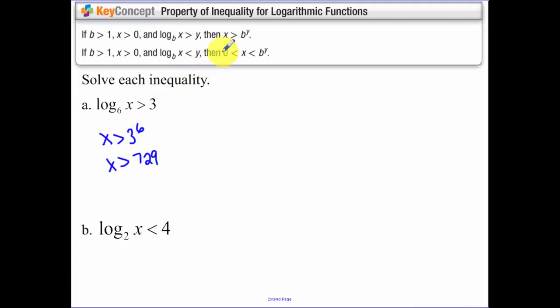Now for less than, you have to keep in mind your domain restriction of 0. So what I do is I set my x in between 0 and 2 to the 4th. And 2 to the 4th is 16. So that's our answer for that one.